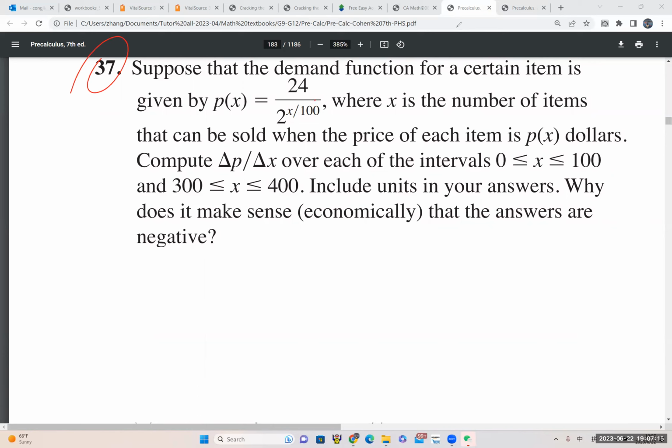So suppose this is equivalent, right? X is the number of items that can be sold when the price of each item is P of X dollars. Compute delta P over delta X over each of the intervals. Include the unit in your answer. Why does it make sense that the answers are negative? Okay, anyway, calculate it first.